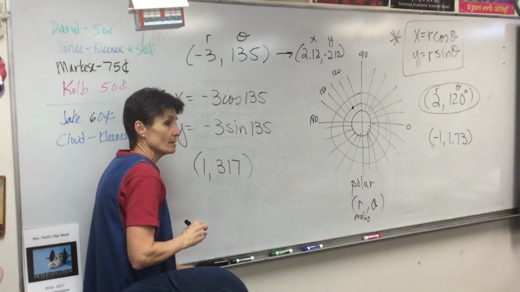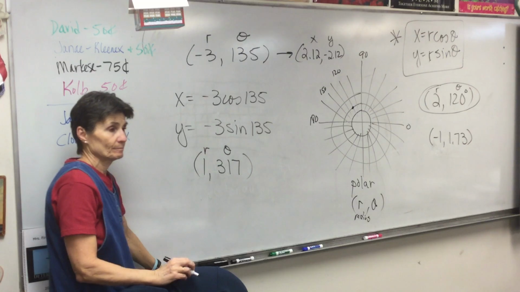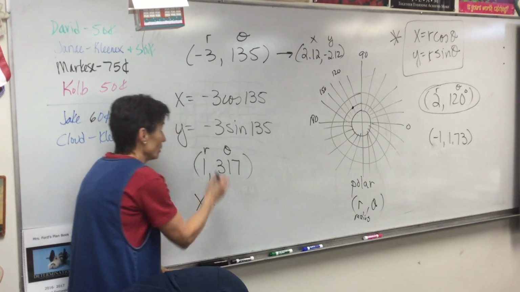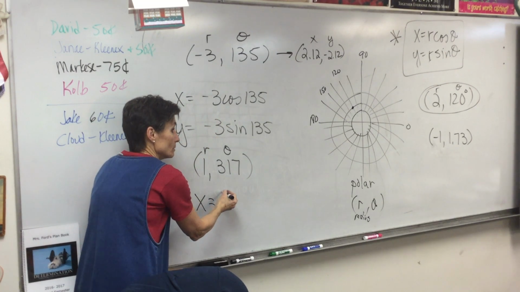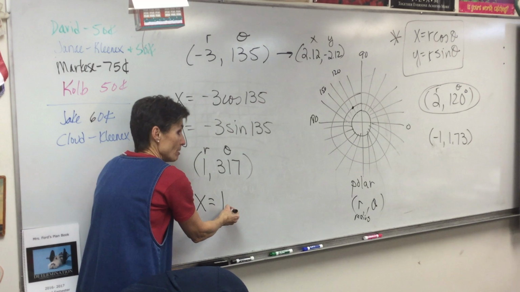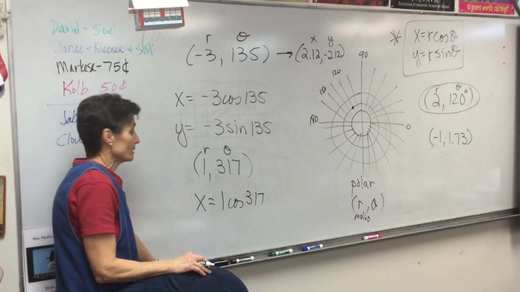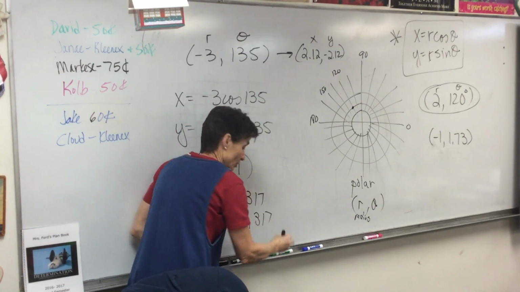All right, let's try the next one. 1, 317. Now remember, this is r and this is theta. So what will x equal? Use your formula. What will x equal? r cosine theta. 0.73. And y will equal r sine theta.